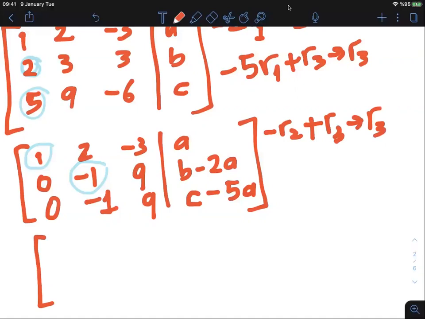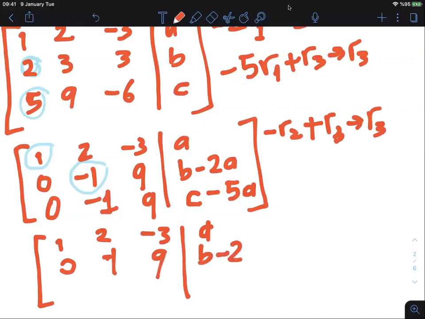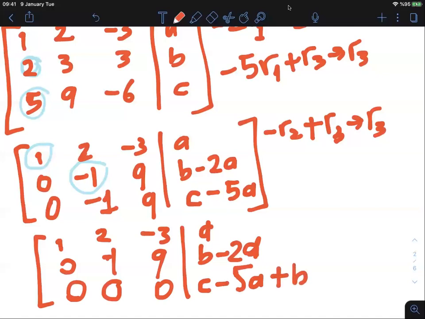We get 1, 2, minus 3, A, and 0, minus 1, 9, B minus 2A, and this will become 0, 0, 0, and this will become C minus 5A, and this will become minus B plus 2A, right?